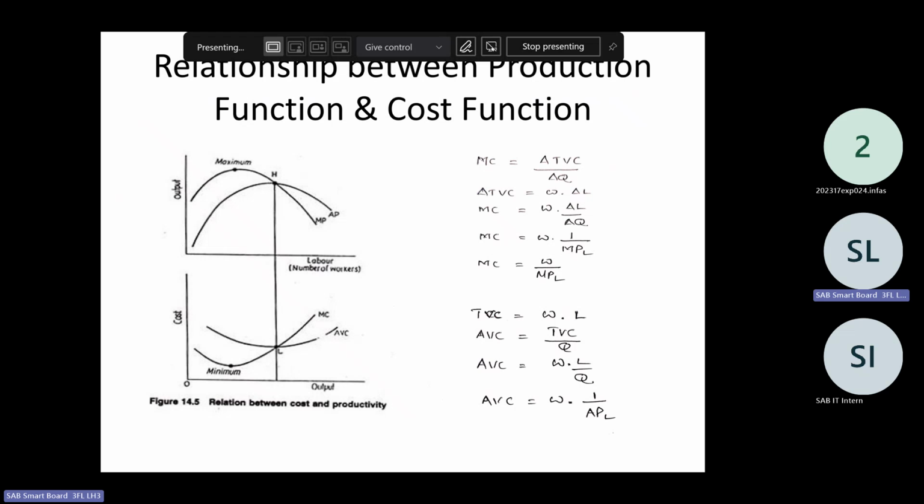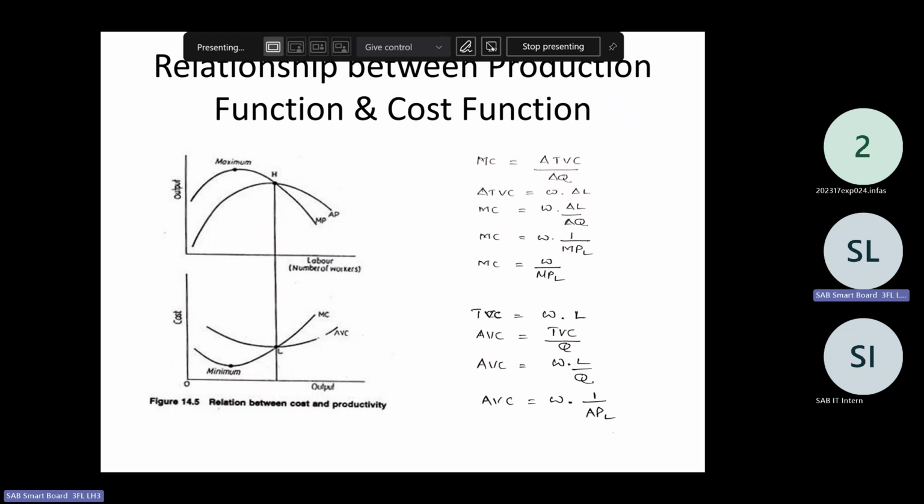We can see this inverse relationship with respect to the marginal productivity of labor and average productivity of labor. With respect to that, we can see the marginal cost and average cost, the other way around.